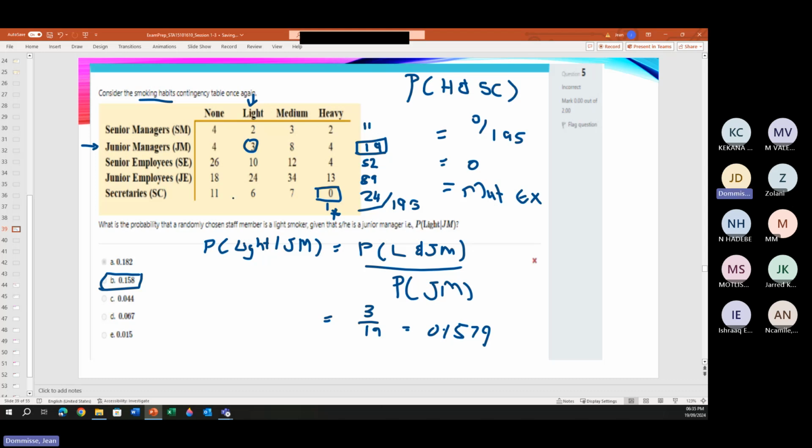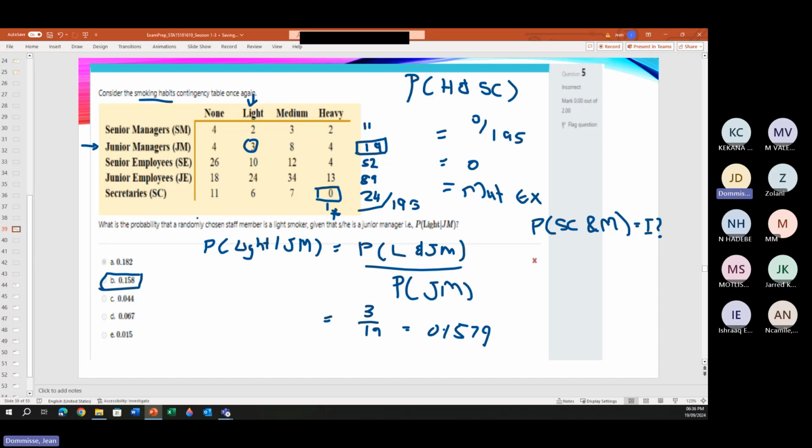They could also look at something like this. They've now asked light given junior manager. They could also ask about the probability of secretary and medium smoker, is that independent or not? I've just randomly chosen something. So let's check.